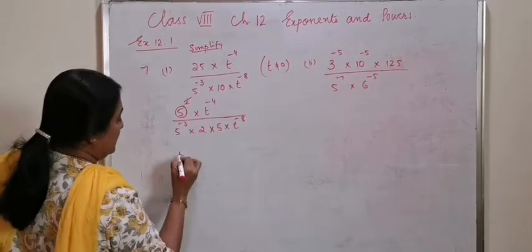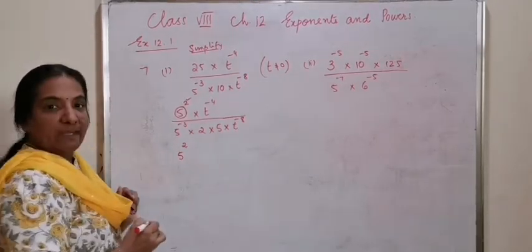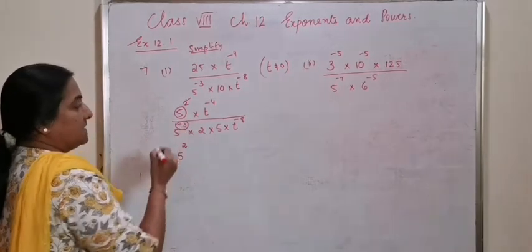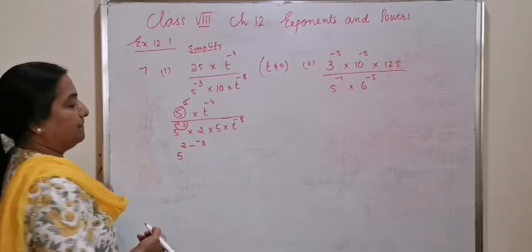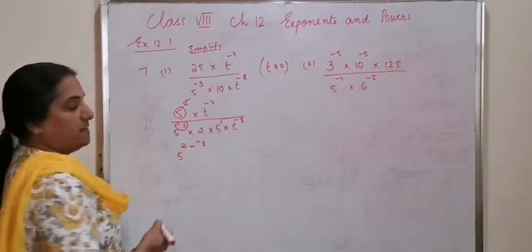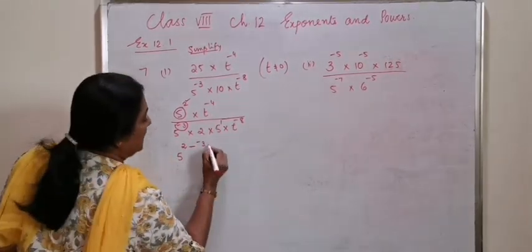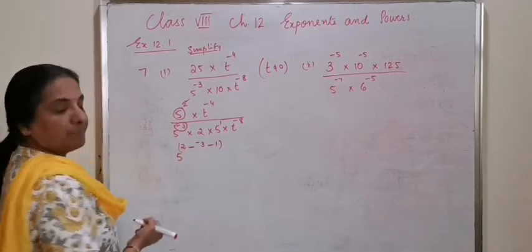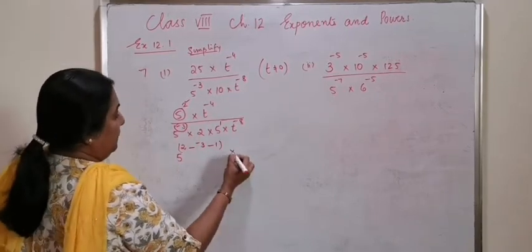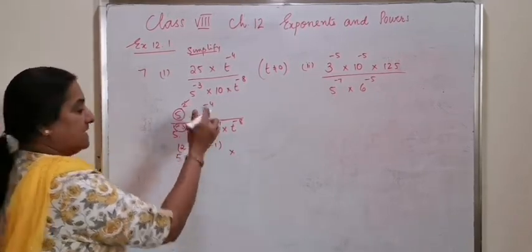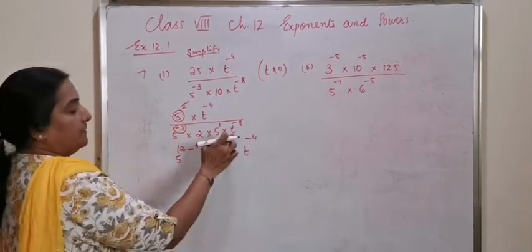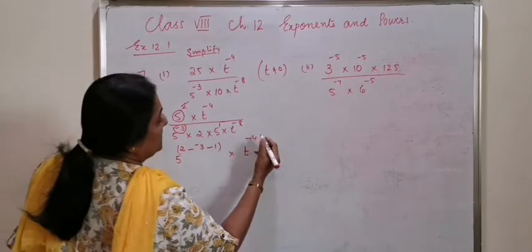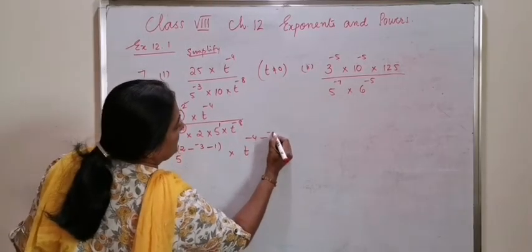2 is in the numerator, so 2, then minus 3, it is in the denominator, so minus 3, again 1 is in the denominator, again negative 1, into, for the letter t, base t, minus 4 from the denominator, so the subtraction is minus of minus 8.